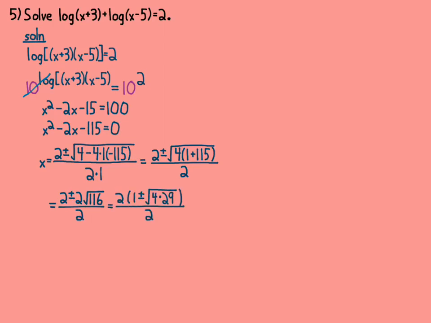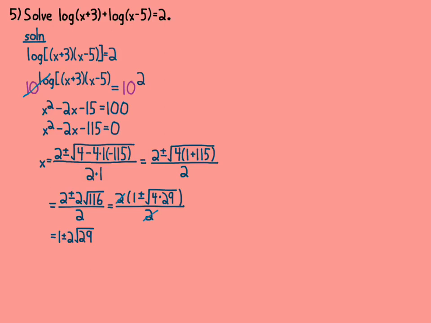Gosh, I'm doing every single step. Okay, and you should know how to do that from previous sections too. If you don't, then you have to go back and review it. Okay, so 1 plus or minus 2 square root of 29. Those are my two answers.